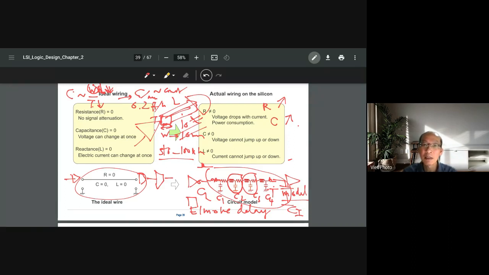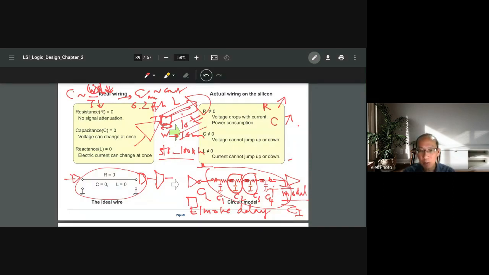However, it is an issue at the package level. In the package level, you can observe that the package is almost the same regardless of the technology node. It's about 3 by 3 centimeters, something like that.